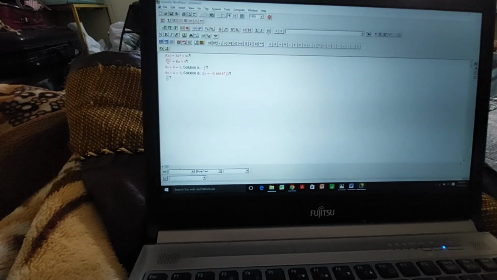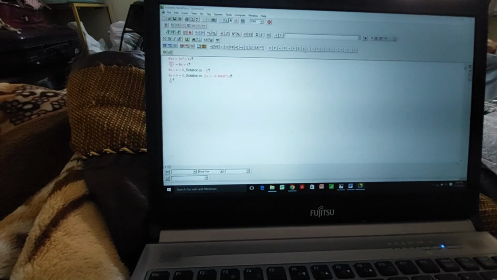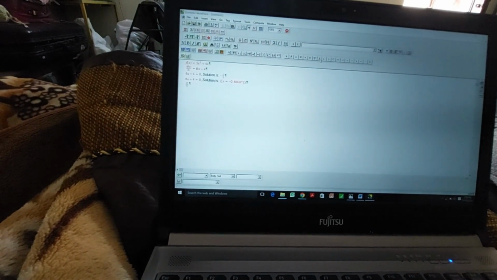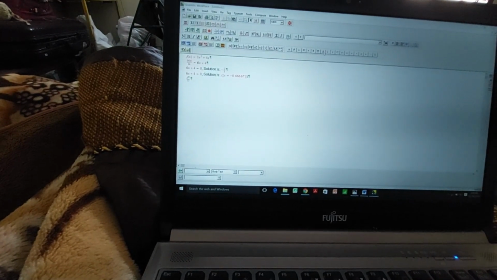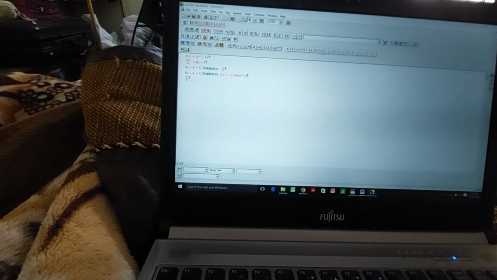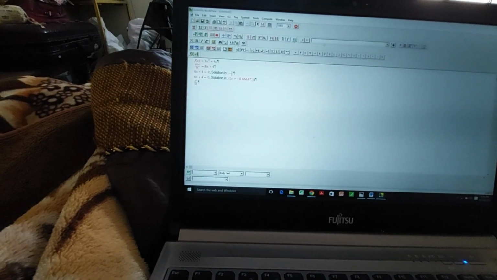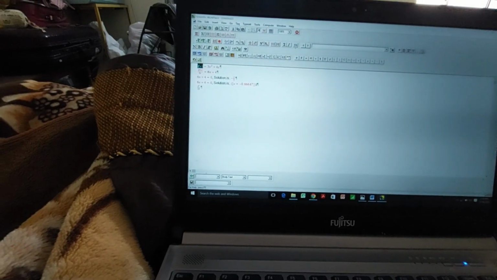When we get this fraction, I want a square of it, so I say Control H, and it will go to the power. I will press space bar and copy this f of x from here.